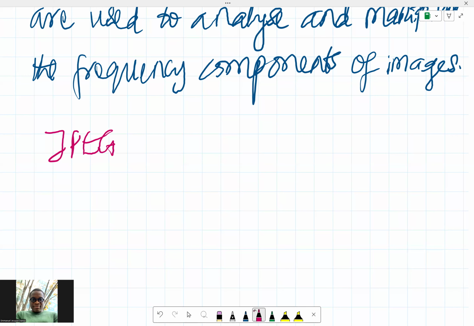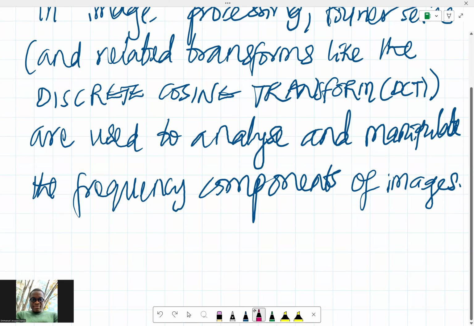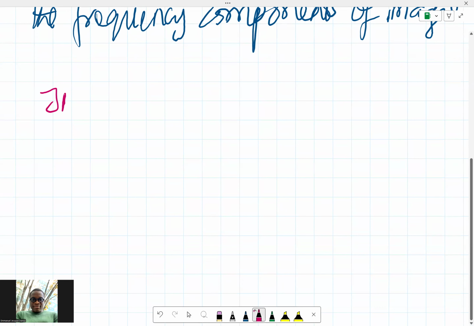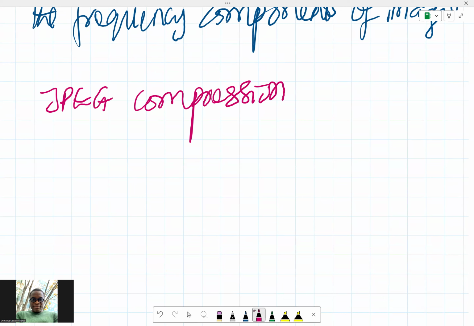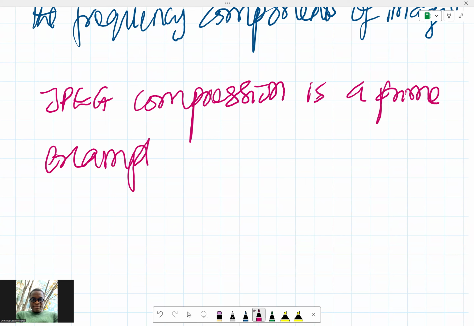JPEG is a very popular image format. So JPEG compression is a prime example of this technique.